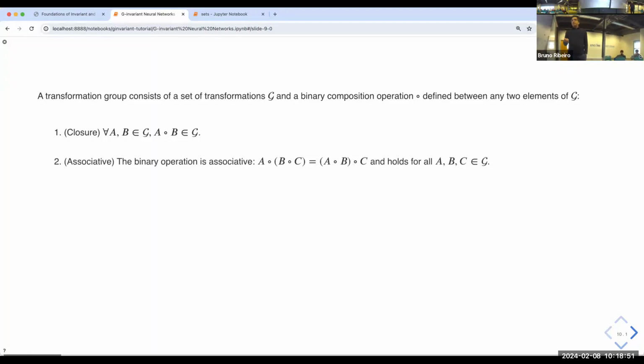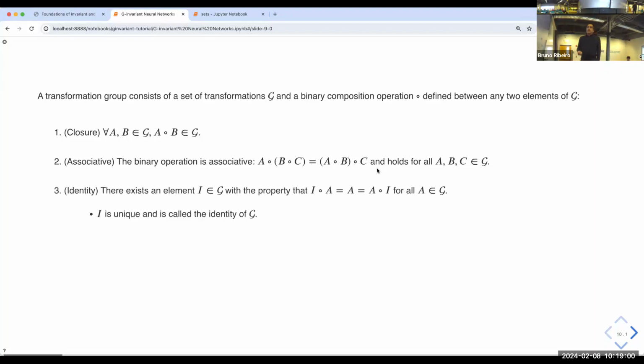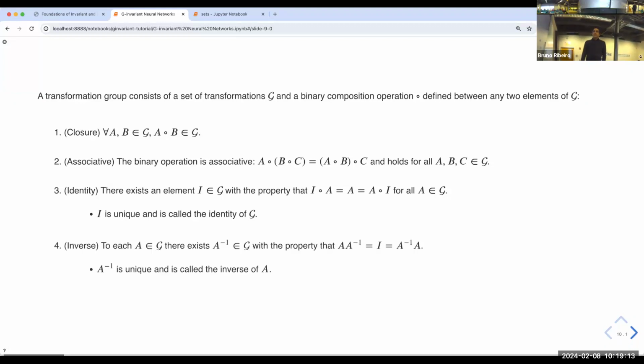It's also associative, meaning if you first apply B and C, and then apply A, it is the same as applying A to B and then applying C. There exists an identity, a transformation that leaves the object exactly the same in the space, and this identity is unique in the group.